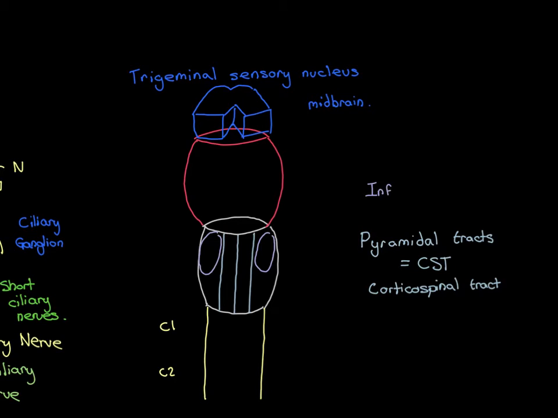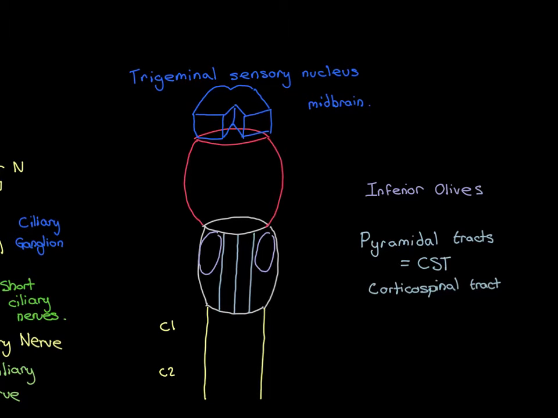So they are another landmark on the anterior surface of the medulla, and again we will see these when we take cross sections through the medulla. So we have one on both sides, the inferior olives. And you can also call them the inferior olivary nuclei, but we'll just refer to those as the inferior olives. So that's the picture from the front.